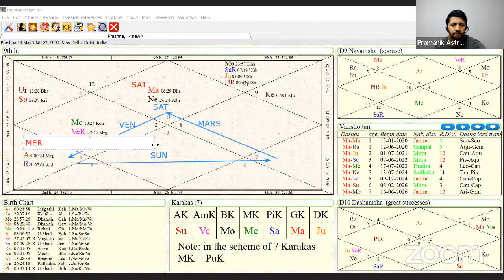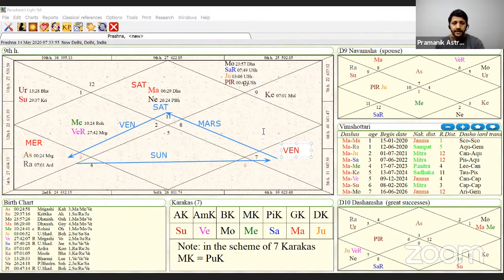Then we have the Venus. Okay. So these are the important planets and lords to look out for. Any conjunction of these trinal and Kendra house lords will be important for Aquarius ascendant.